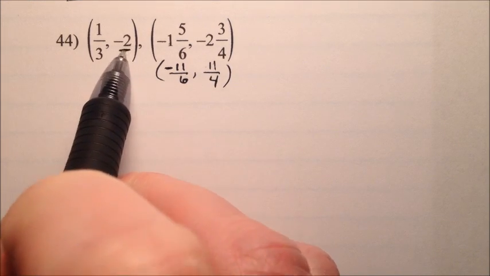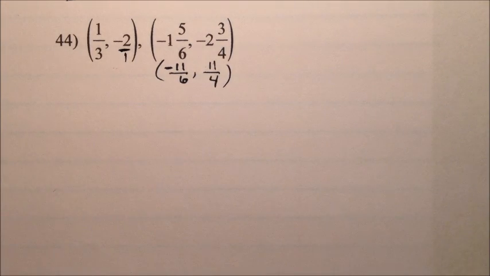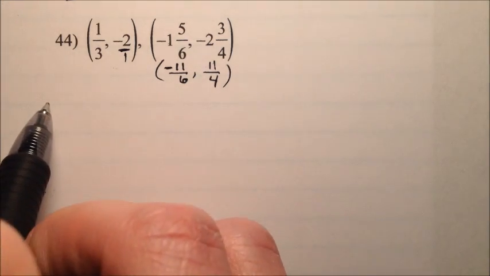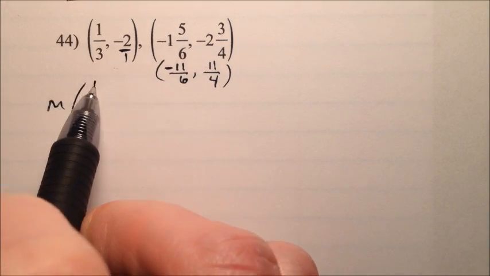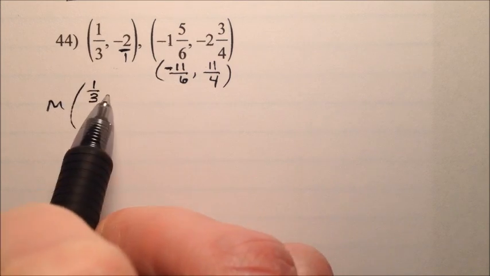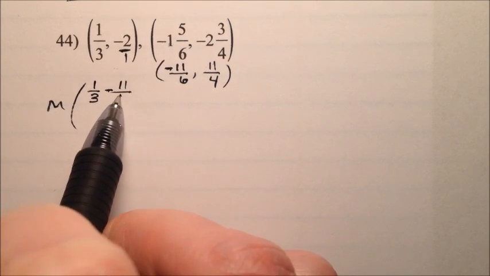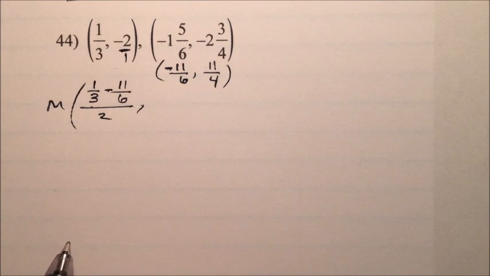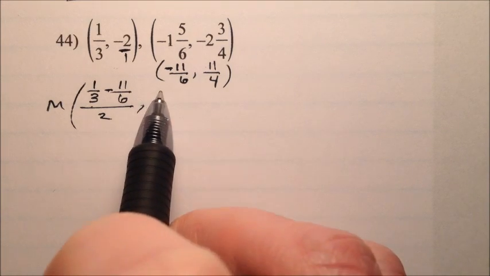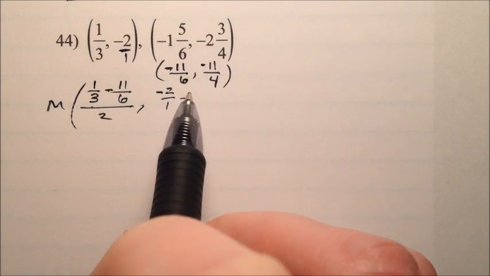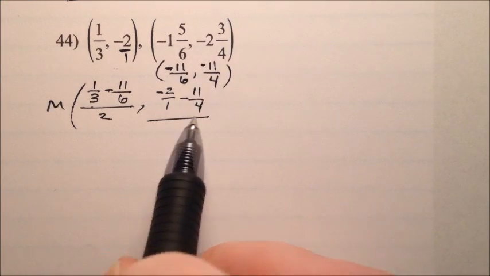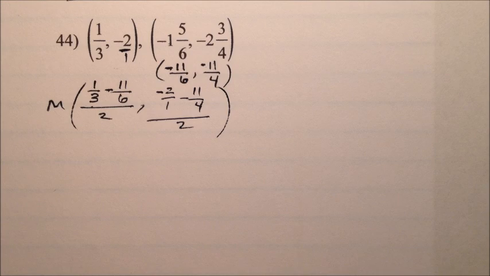In this one, I think we'll just put this 2 over 1, since I know they're all going to be fractions anyway. So my midpoint is going to be my x's added up, so 1/3 plus a negative 11/6, so we'll just say minus 11/6, and cut that in half. And then we have this negative 2 over 1 minus 11 over 4, and then that's cut in half.